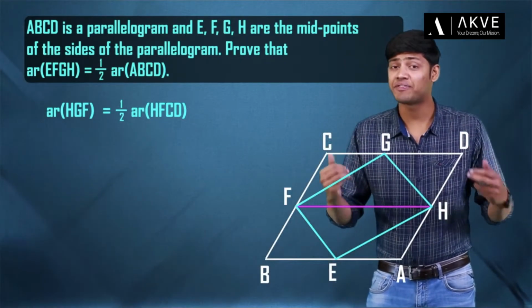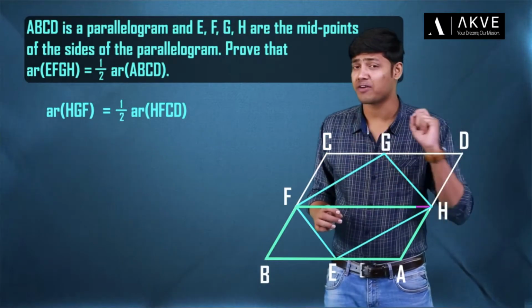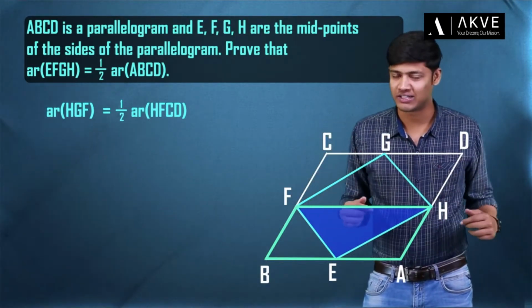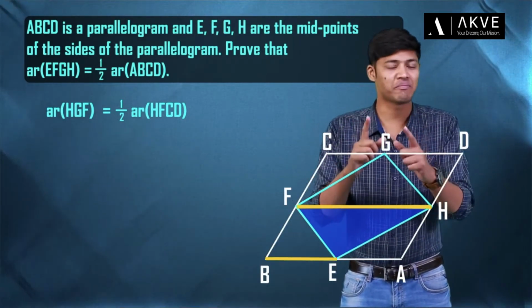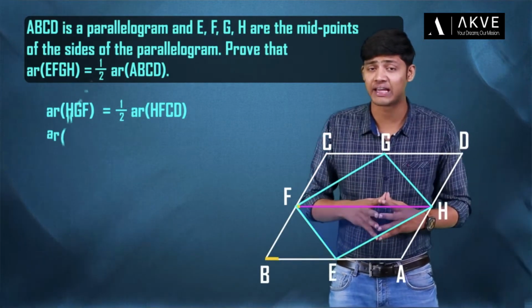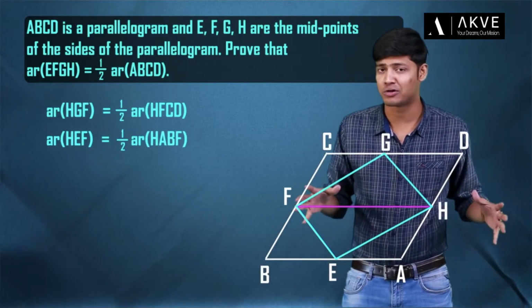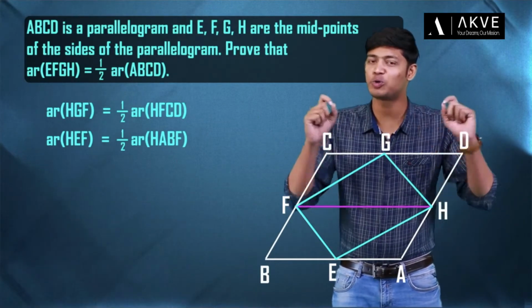In the same way, if we consider the parallelogram HABF and the triangle HEF, we can clearly see that both of them are on the same base and also between the same parallels. So we can conclude that the area of the triangle HEF is half of the area of the parallelogram HABF. So we have observed two things.